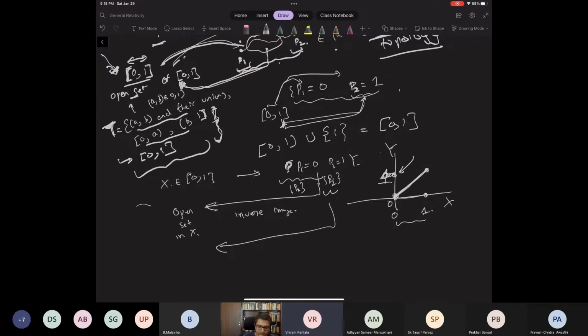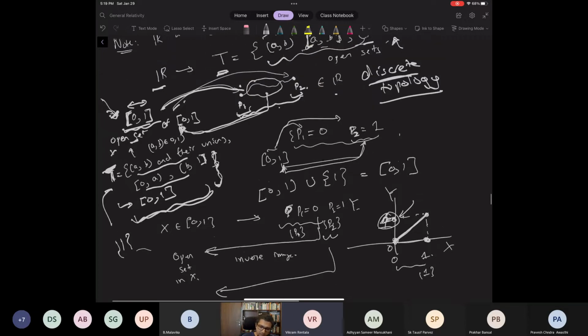For example, the inverse image of just the point 1 would include just the point 1 in X, which is this set. But as was just pointed out, singletons are not part of the topology of 0,1. The element 1 by itself is not part of this topology, or the element 0 by itself.